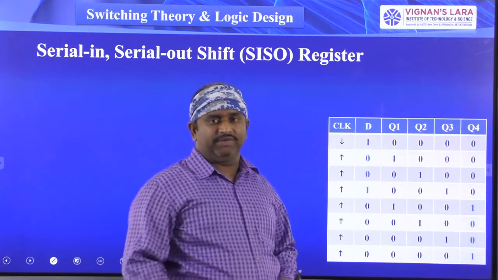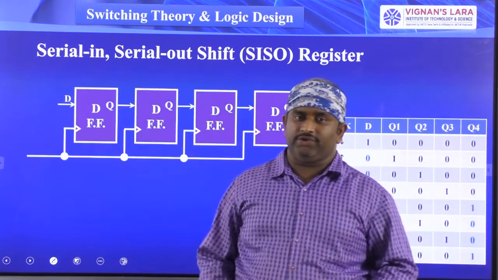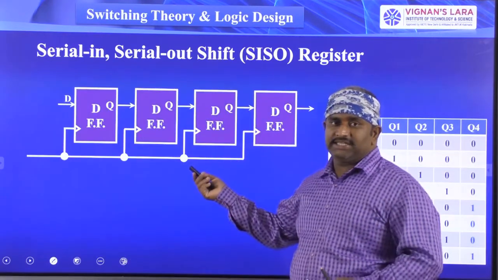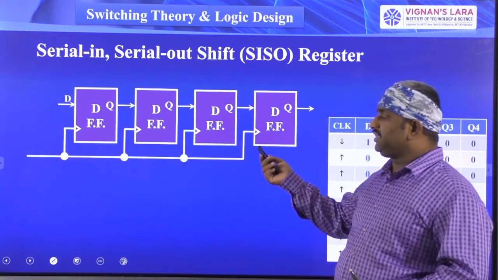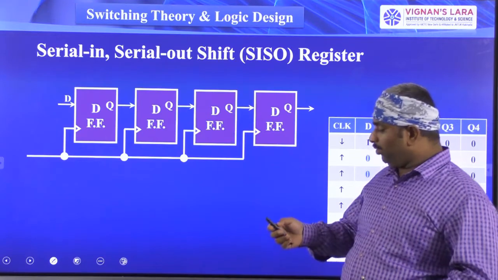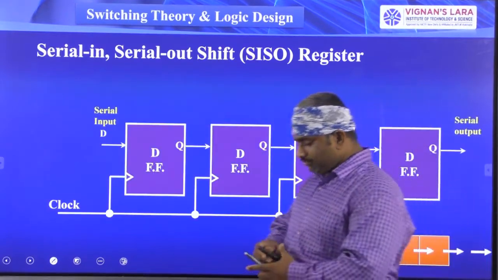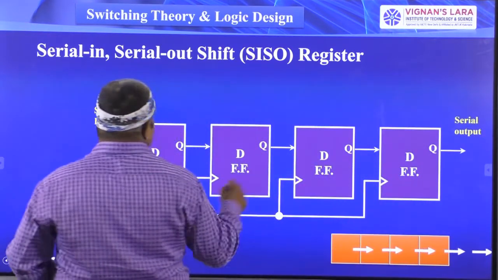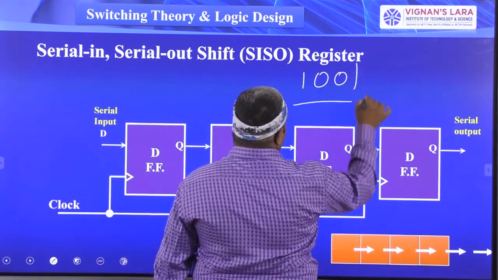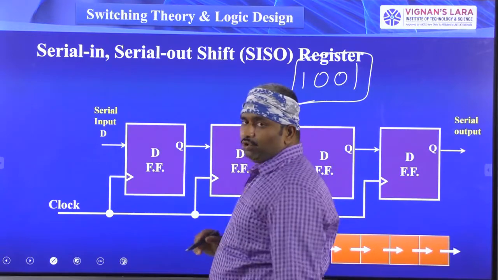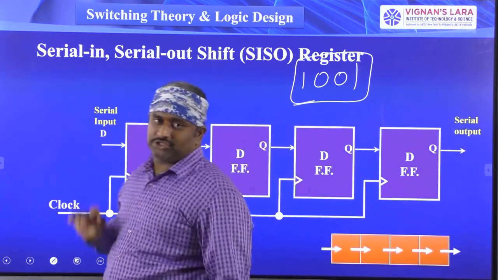In this slide, we will see how the data is going to shift. So this is our 4-bit serial in, serial out shift register. Now we have to see the operation here. For example, now I want to store the data 1001 in this register.